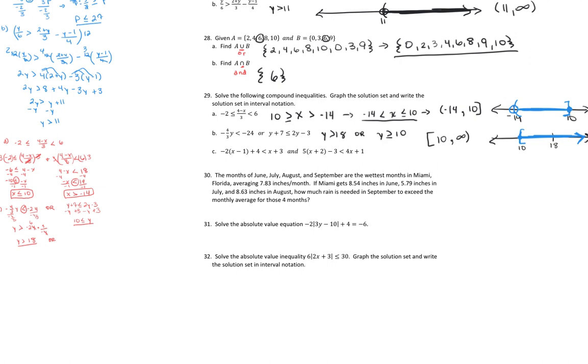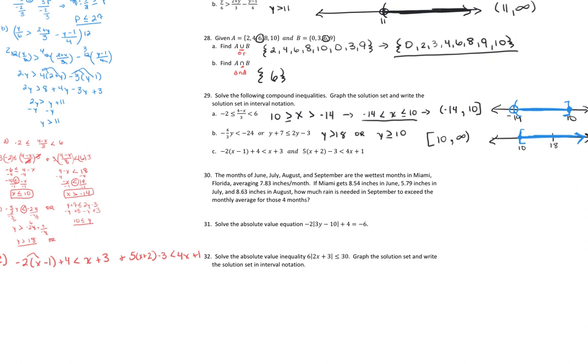Okay, and now I'm going to go ahead and work on C. So C is negative 2 times (x minus 1) plus 4 is less than x plus 3, and 5x plus 2 minus 3 is less than 4x plus 1. So let's go ahead and solve this.